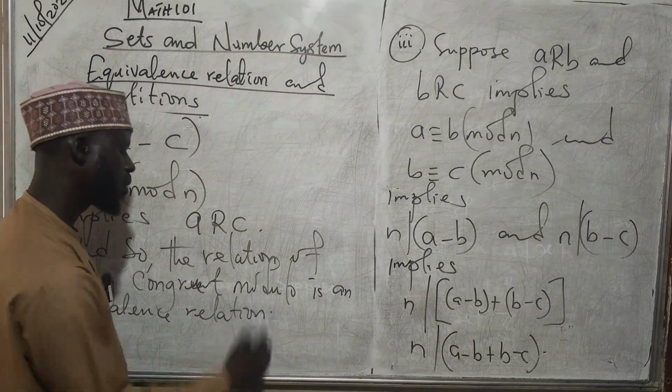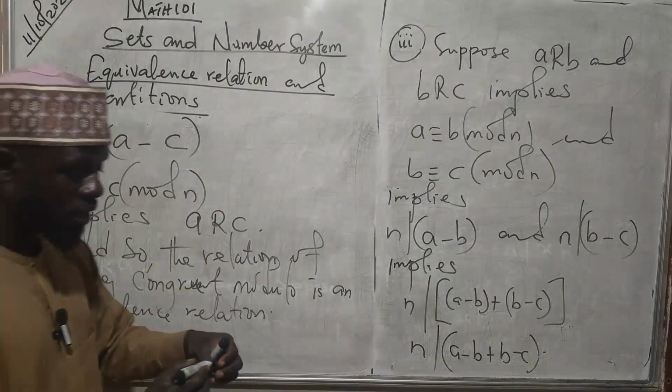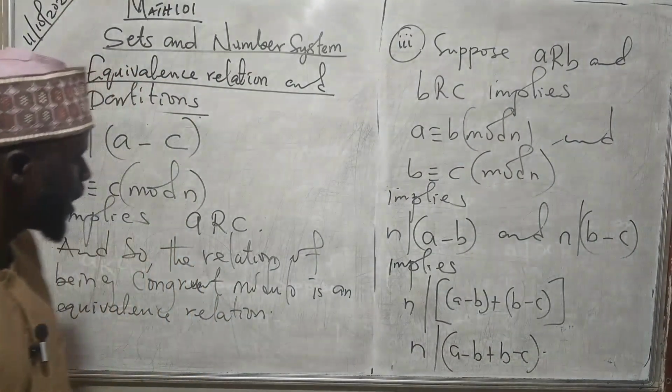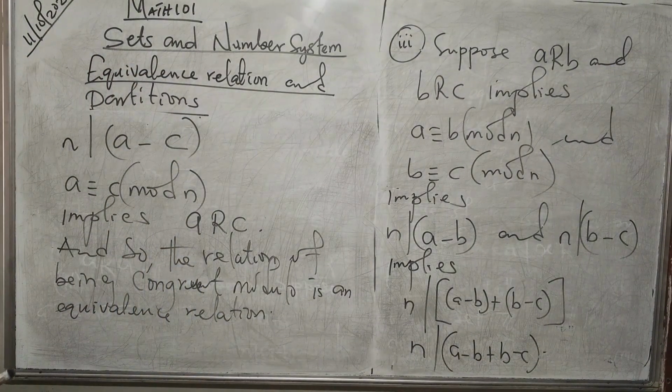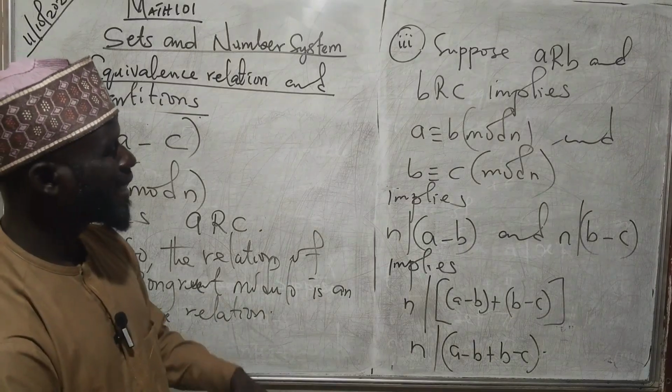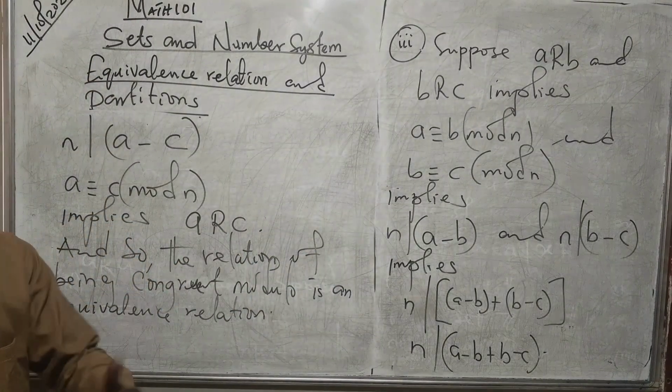So the congruence modulo relation is an equivalence relation. And what does it do? This equivalence relation partitions the set of integers into equivalence classes.